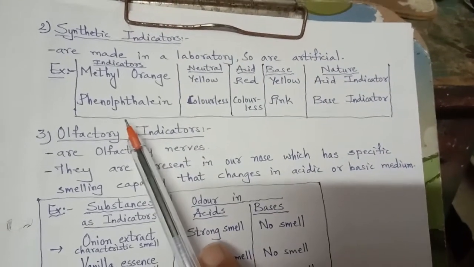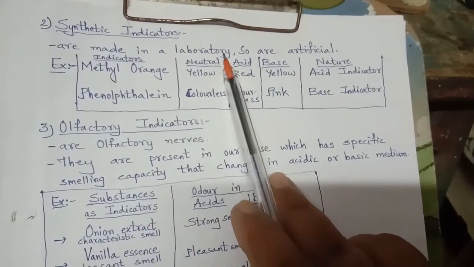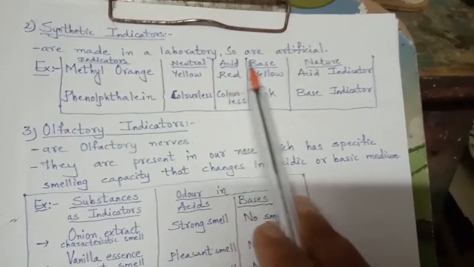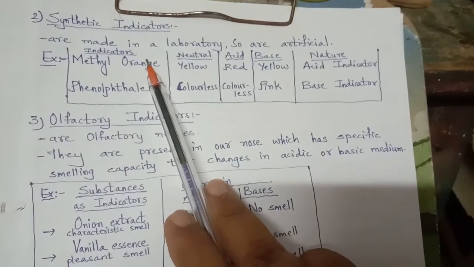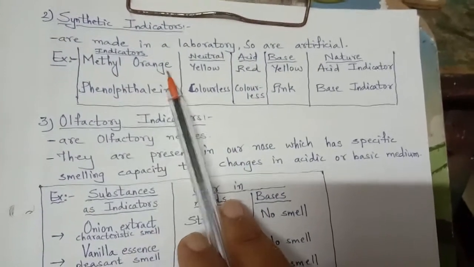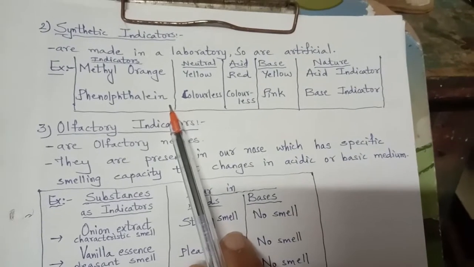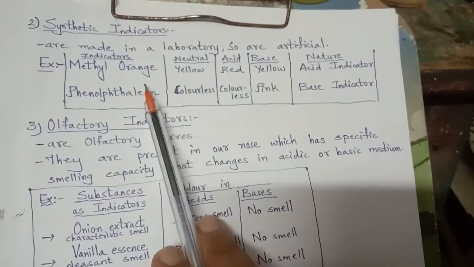The extracts of the plants and the flowers. Here, they are prepared in the laboratory. Synthetic indicators are made in a laboratory, so they are artificial indicators. Methyl orange and phenolphthalein are the two most widely used synthetic indicators.